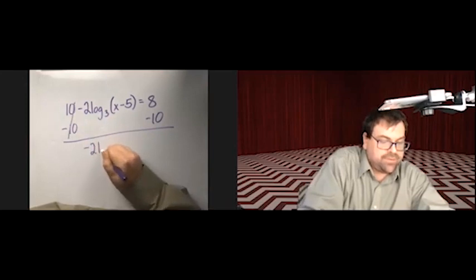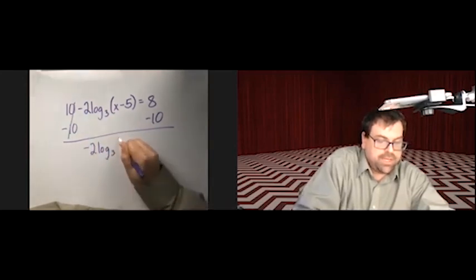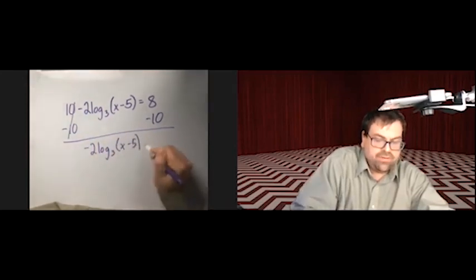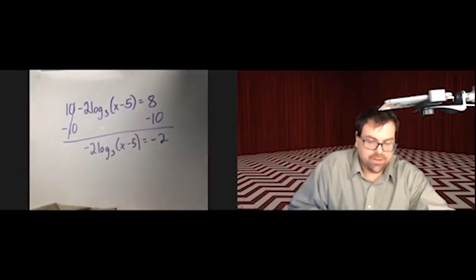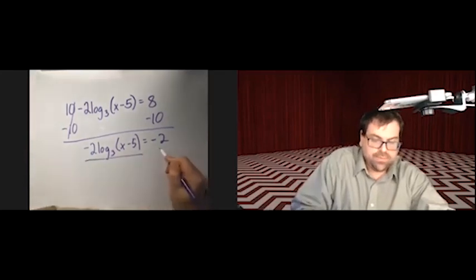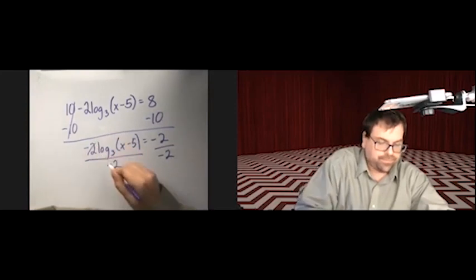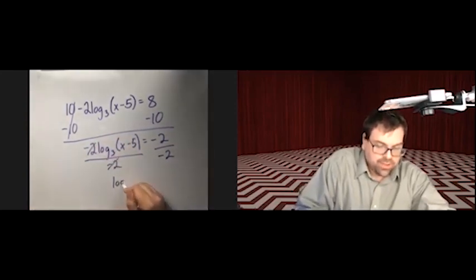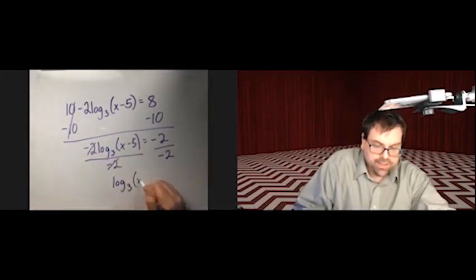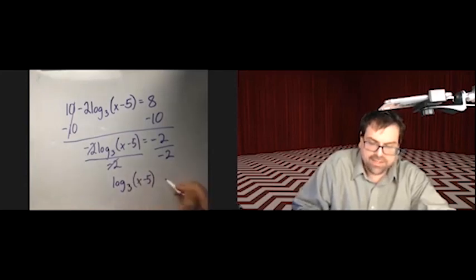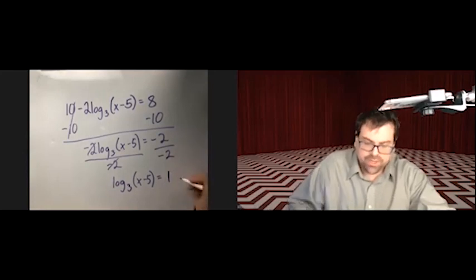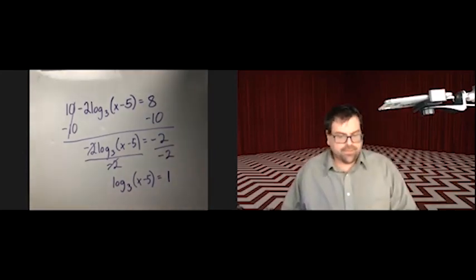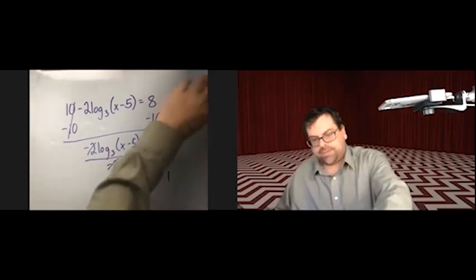That leaves us with -2 log base 3 of x minus 5 equals 8 minus 10 is -2. How lovely. We can divide both sides by -2, which gives us our log base 3 of x minus 5 by itself. -2 divided by -2 is 1. I'm going to move this up so I have more room to work.